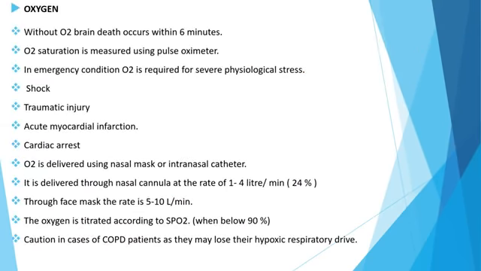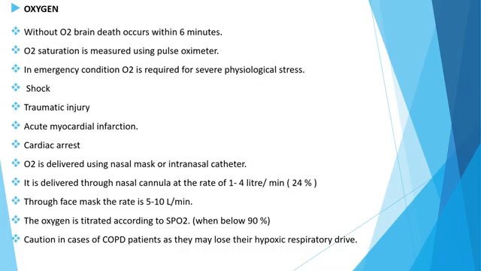Oxygen. What is the purpose of oxygen in emergency medicine? Without oxygen, brain death occurs within 6 minutes. Oxygen saturation is measured using a pulse oximeter. In emergency conditions, oxygen is required for severe physiological stress, in shock, traumatic injury, acute myocardial infarction, and cardiac arrest.